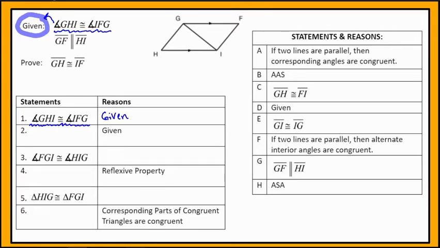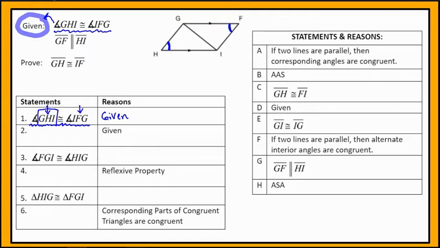Here's the step you might be skipping. So you see how we just read a statement and wrote in its reason? So then I'm going to have to take this angle and mark it in the picture. So angle GHI means I want to place the angle at H between G and I. And I know it's congruent to angle IFG.